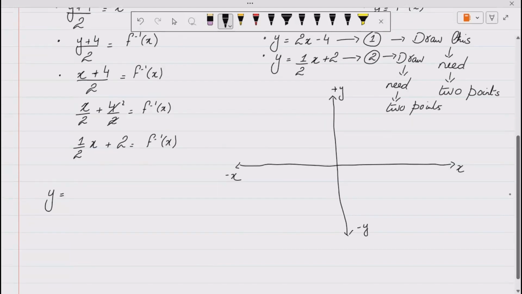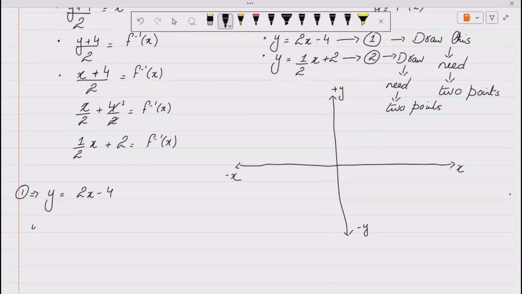So y equals 2x minus 4. This is our equation 1. Let's find 2 points of this equation. How can we find 2 points? We know the method of intercepts. By using the y-intercept and the x-intercept, we can find 2 points, and finding points with intercepts is really easy.